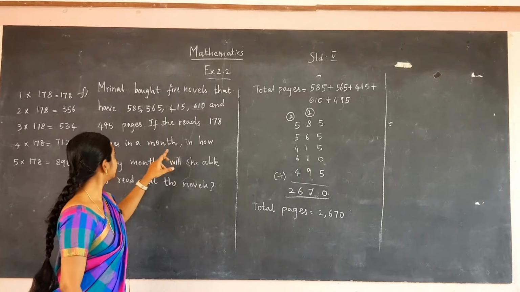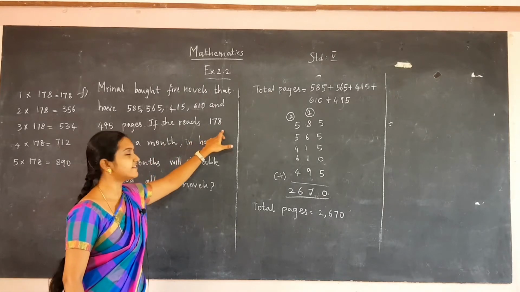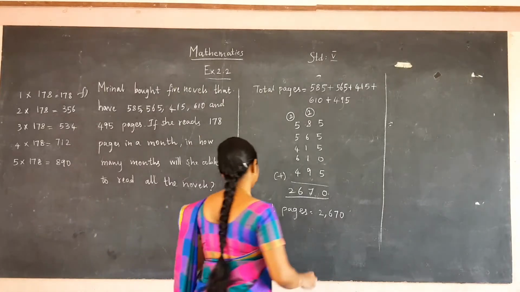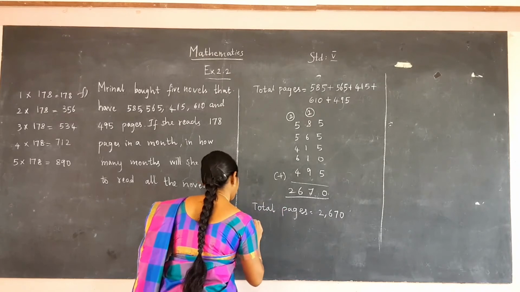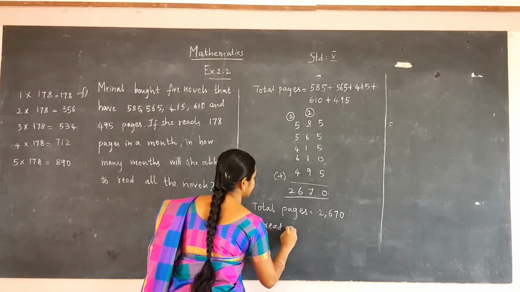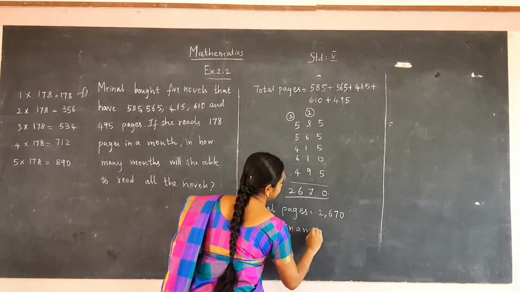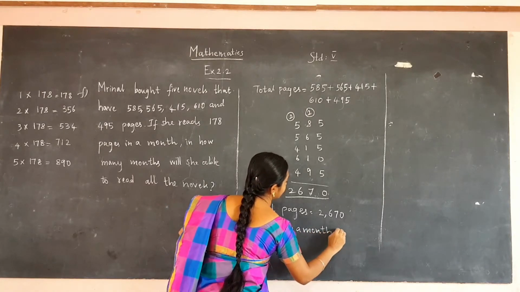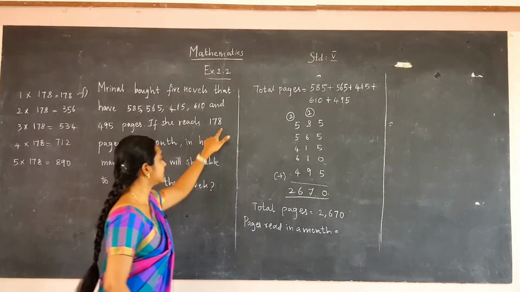Now it is given that she reads 178 pages in a month. Pages read in a month equal to 178.